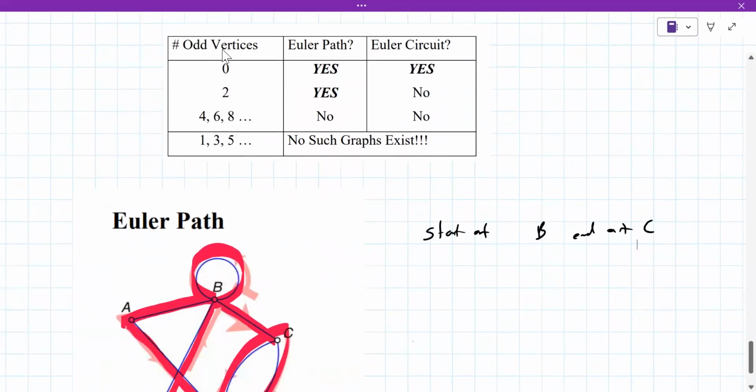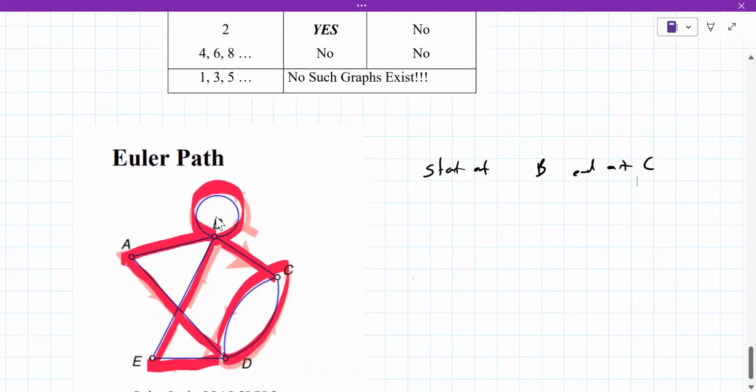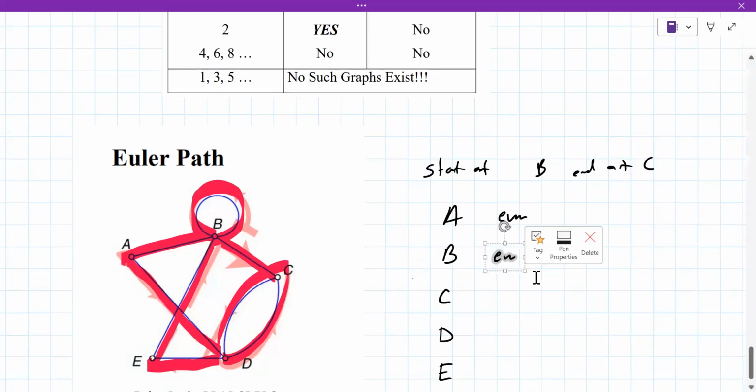You remember talking about that at all? So A, B, C, D, and E. A has 2 coming out, so that's even. B has, I don't remember how to do loops here, but I take it back. 1, 2, 3, 4, 5. We'll come back to that, a little nuanced part.